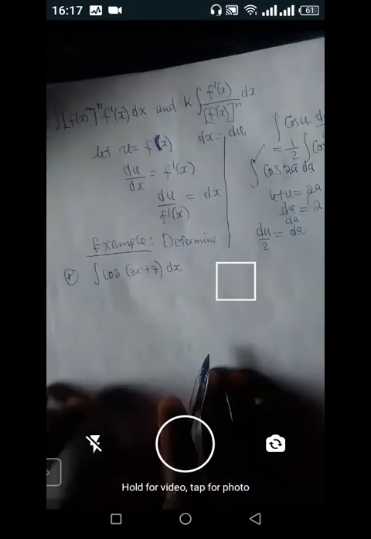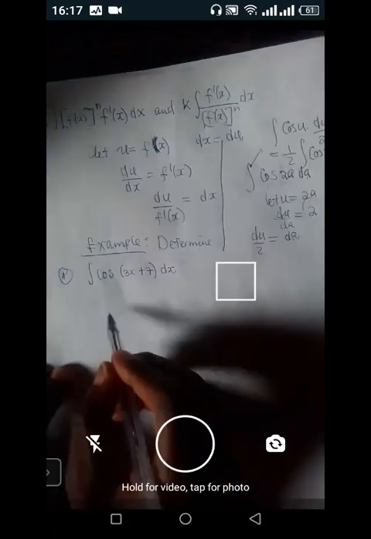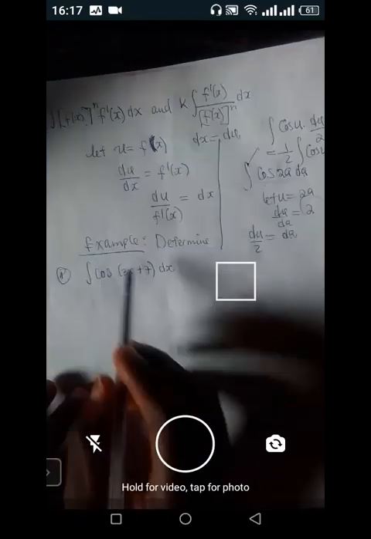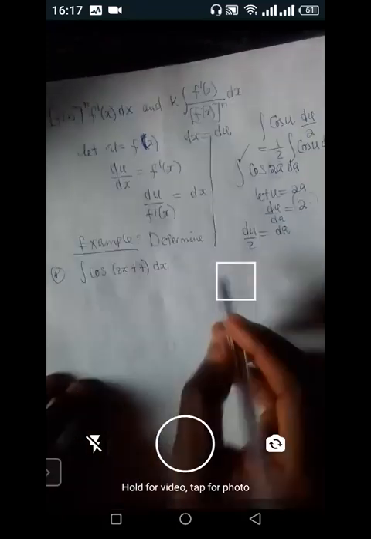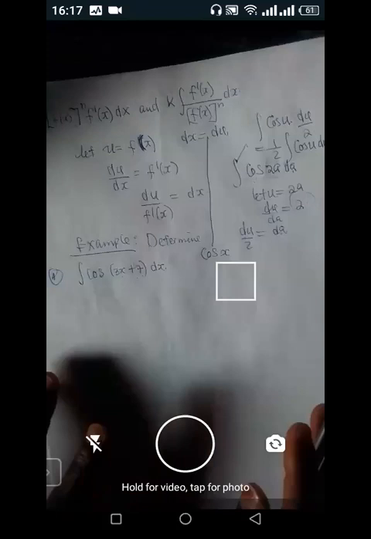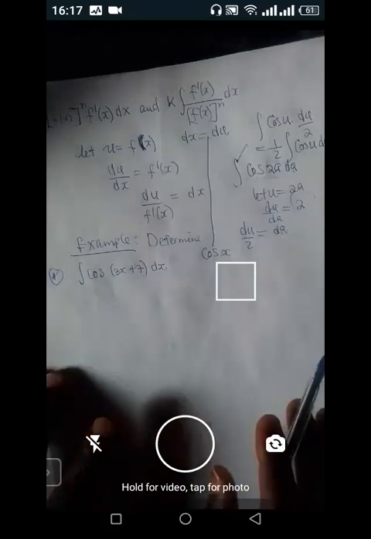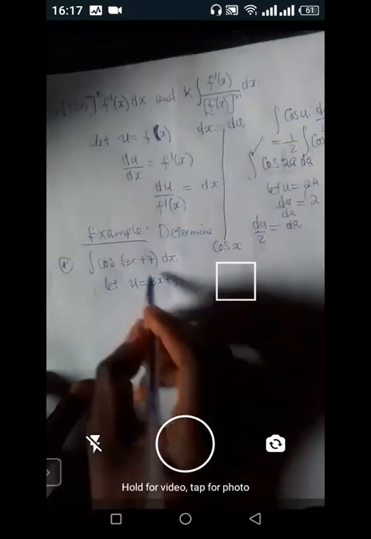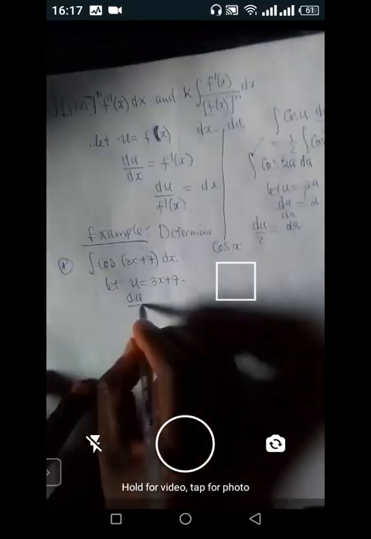From here, we need to find a more standard form of the function cos. By standard form we mean cos x. That is a standard form, and that is easy to integrate. So for this one, we can let u equal to 3x plus 7, and then you find du dx to be 3.